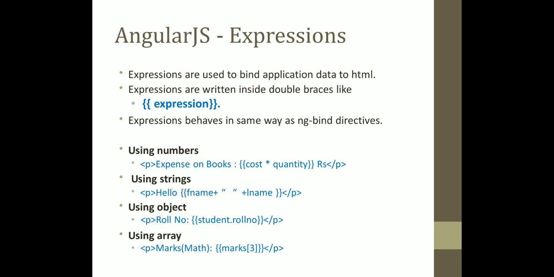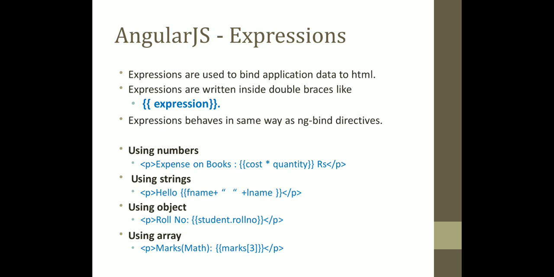If we give fname as John and lname as Bio, the output will be John Bio, concatenated. Then the third part is using an object.